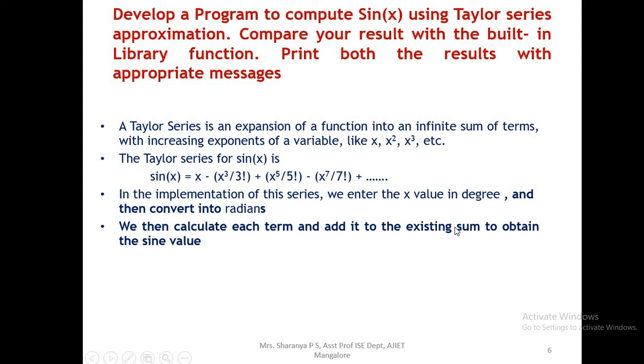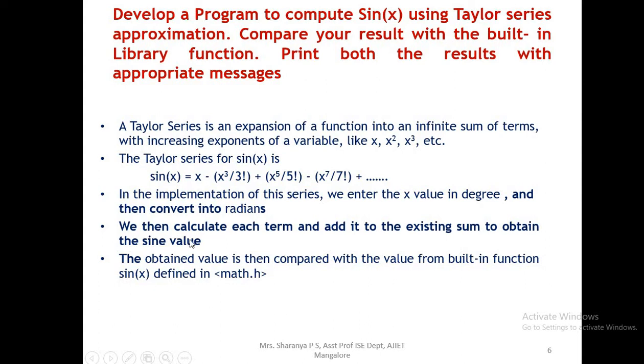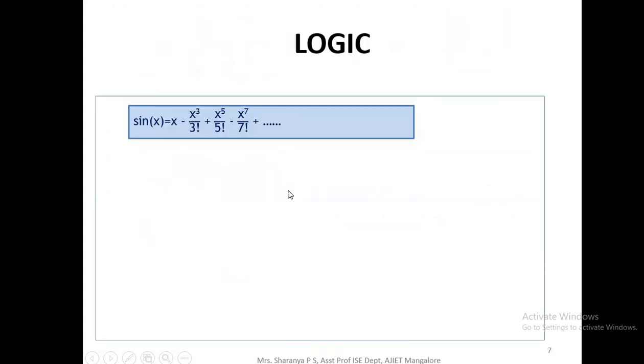That is, the value entered by the user is in degrees and it is converted to radians, and then each term is calculated and added to the existing sum to obtain the sine value. And in order to write this program, we have to include the math.h header file, since we are using the sine built-in function. This is what we refer to as a Taylor series.